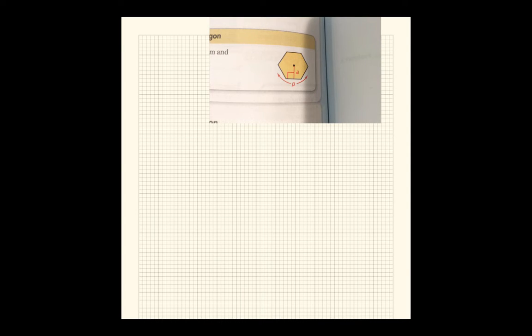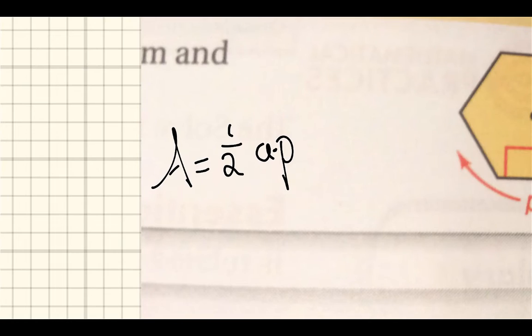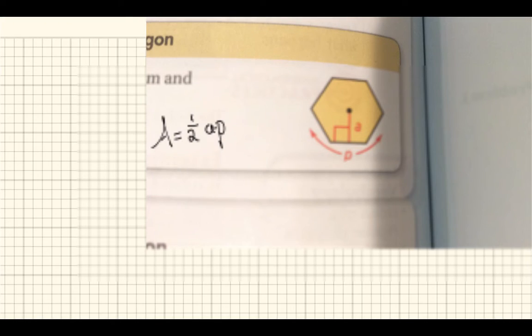If we want to find the area, we're going to take half of the product of A times P. Half the product of A times P. Now, what is A and what is P?